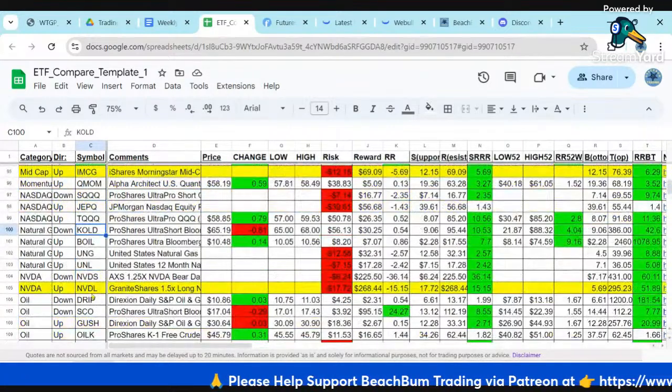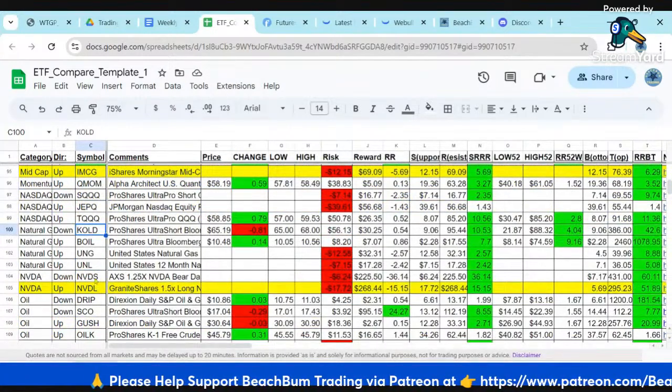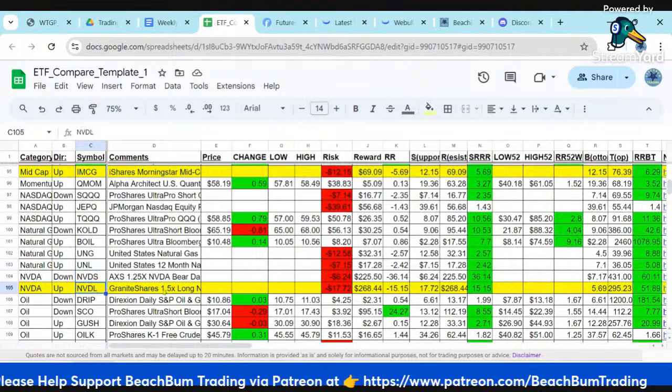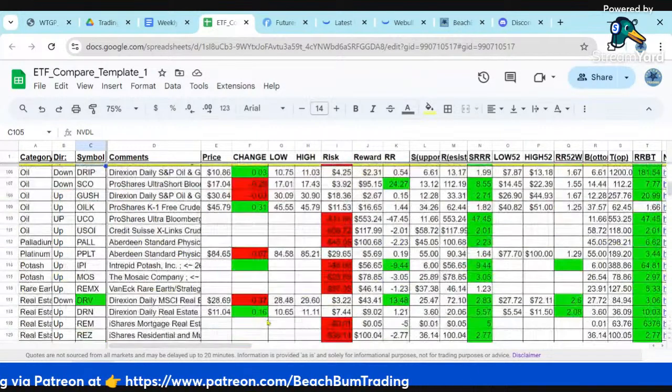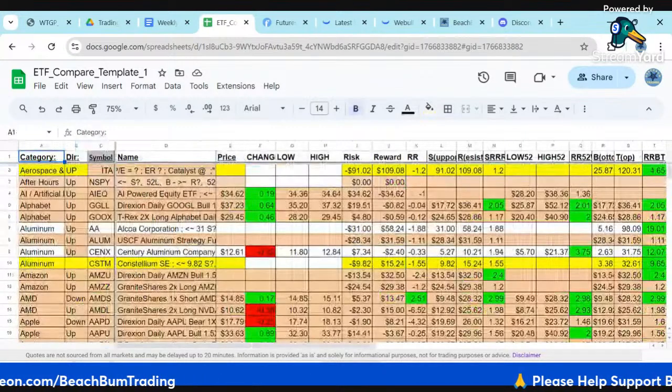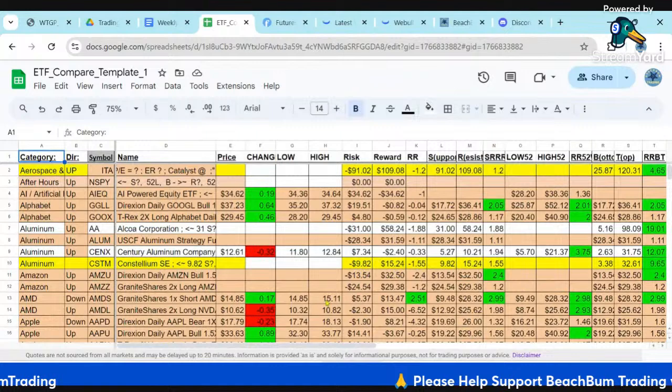We also have ETFs to long and short individual stocks. So you can find several leveraged longs for trading individual stocks in our ETFs Google Sheet. And if you don't find it in the main sheet, you can search in the research tab.